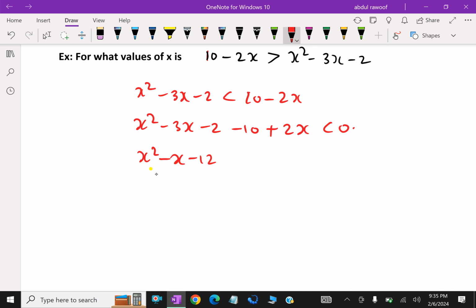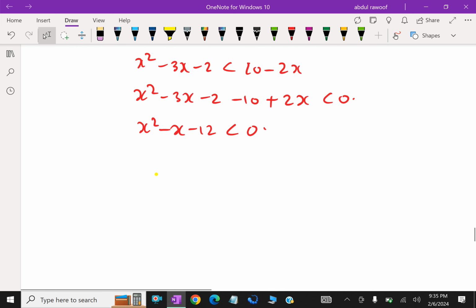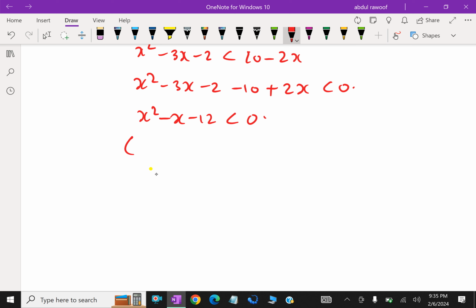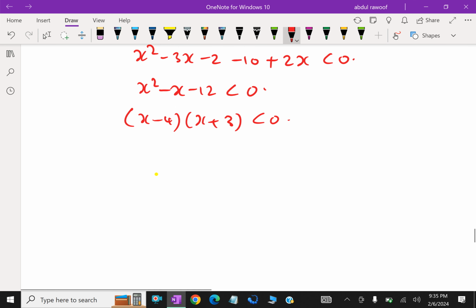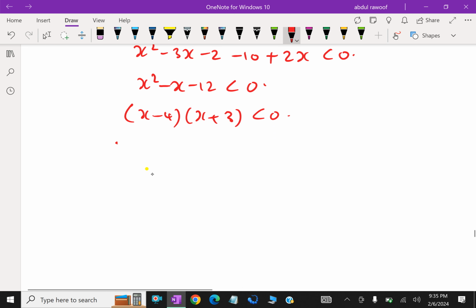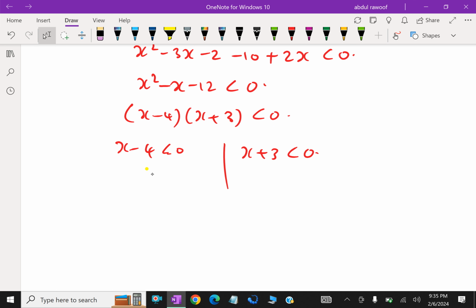Then factorizing, it gives x minus 4 times x plus 3 is lesser than 0.